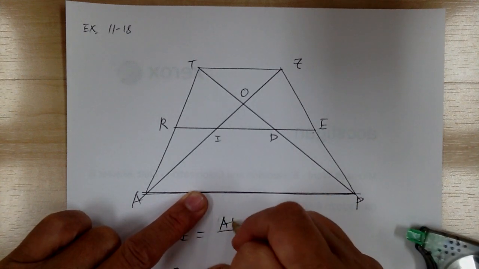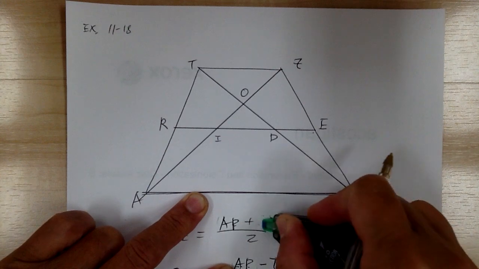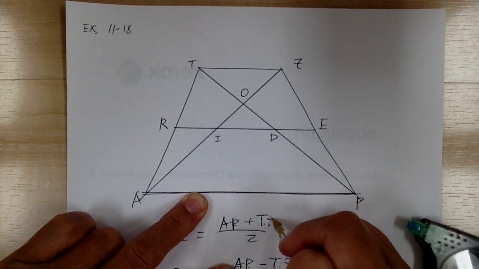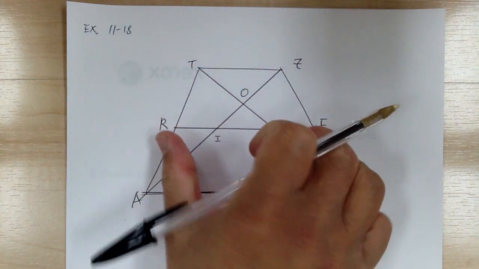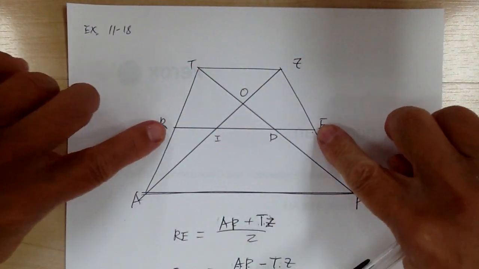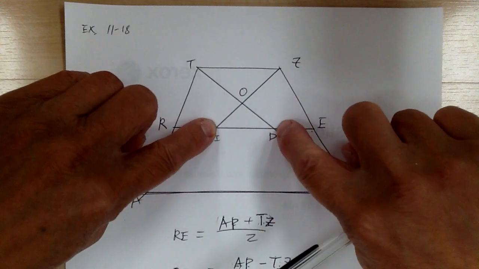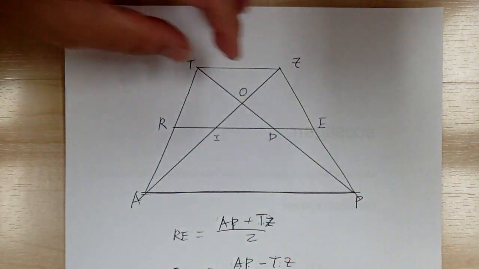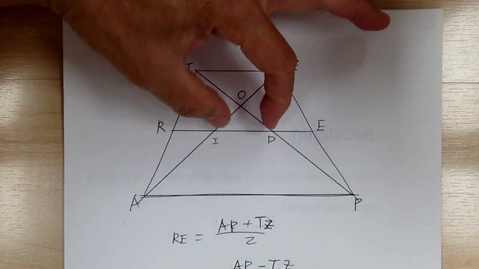So you got AP plus TZ. Okay, so you can AP plus TZ divided by 2. So when you add, divide by 2, you get a long median. When you subtract, divide by 2, you get this ID right over here. Okay, so again, you add, divide by 2, you get this. You subtract, divide by 2, you get that.